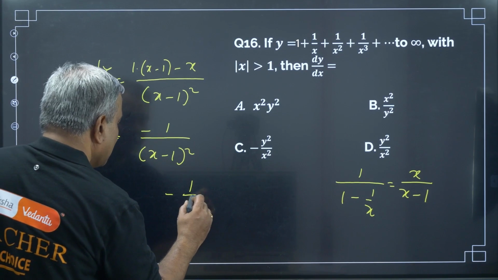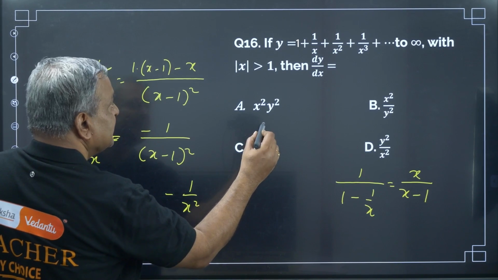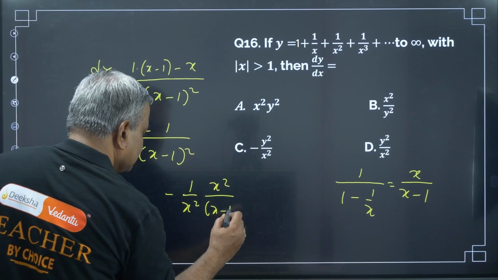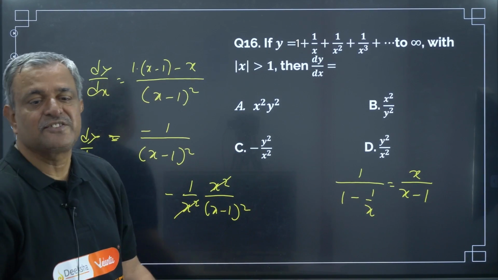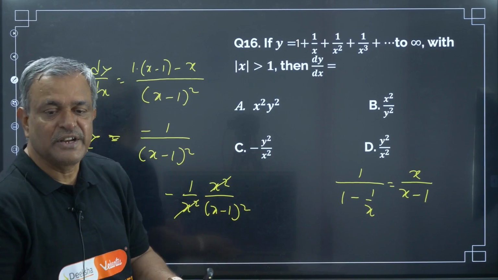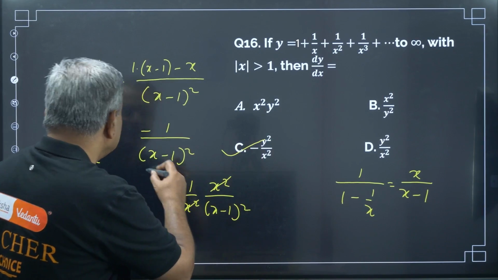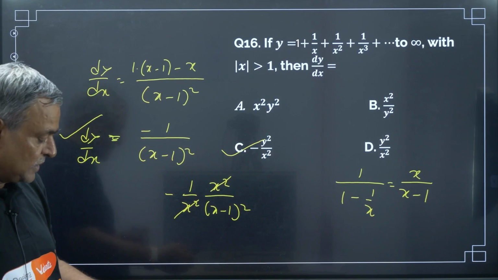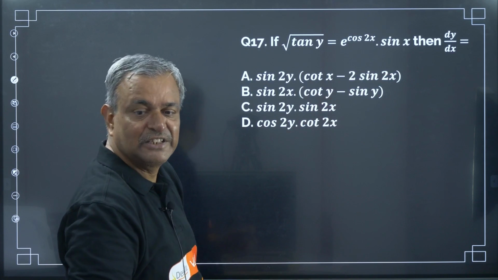Minus y square by x square. What is y square? y square is nothing but x square by x minus 1 whole square. See, we got it. So by verification it is easy rather than rearranging it. So minus y square by x square is the same as dy by dx equal to minus 1 by x minus 1 whole square.